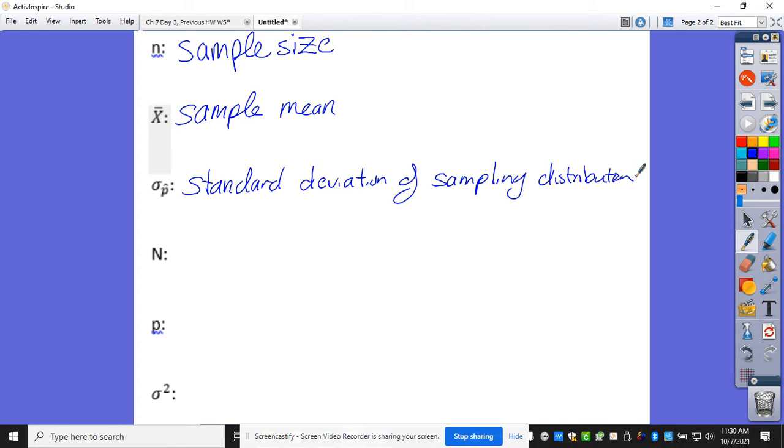Standard deviation of sampling distribution of sample proportion, or of p hat. What is capital N? Population size.